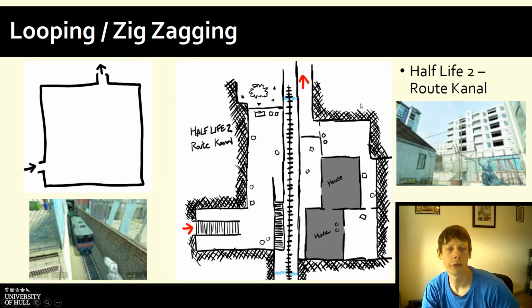What I've done is roughly sketched down a top-down view of one of the sections of the game. You enter up these stairs here, and you exit this section on this pathway here. There's a train line through the centre, which is lower down than these two spaces.